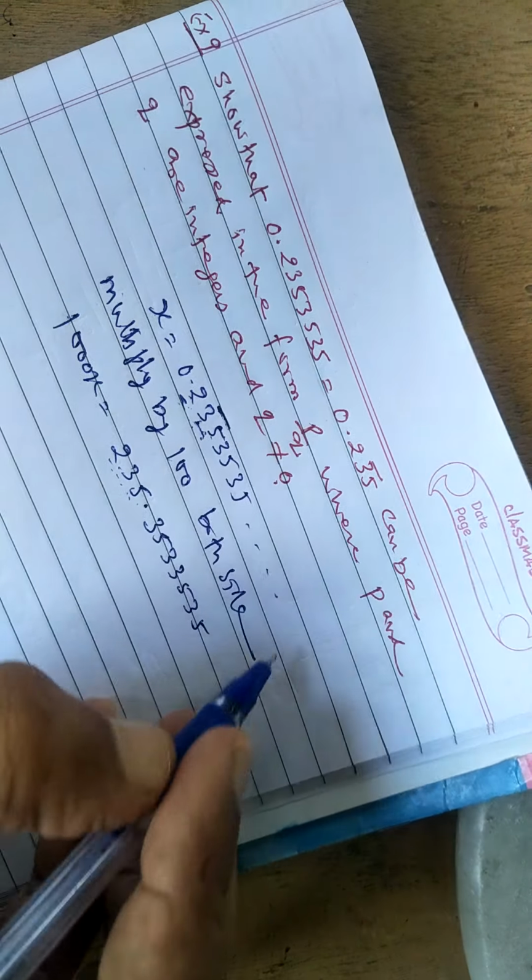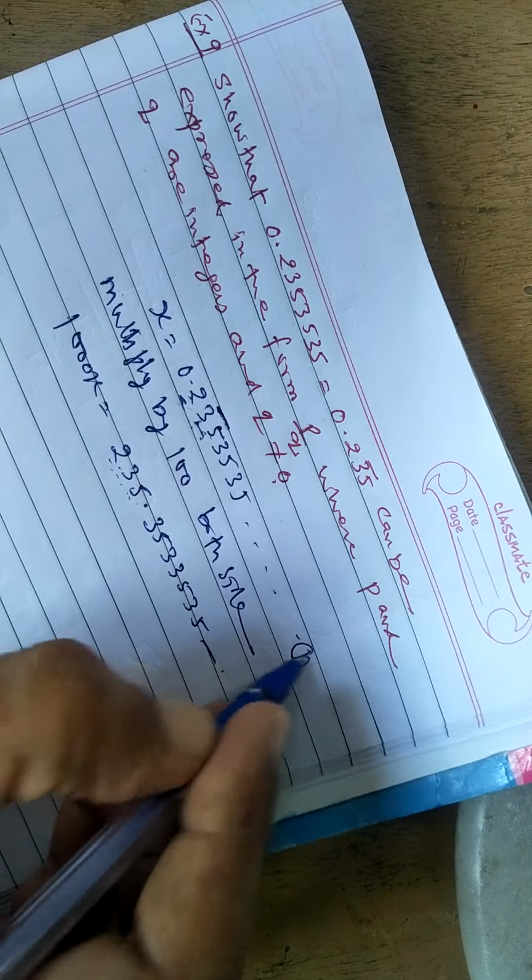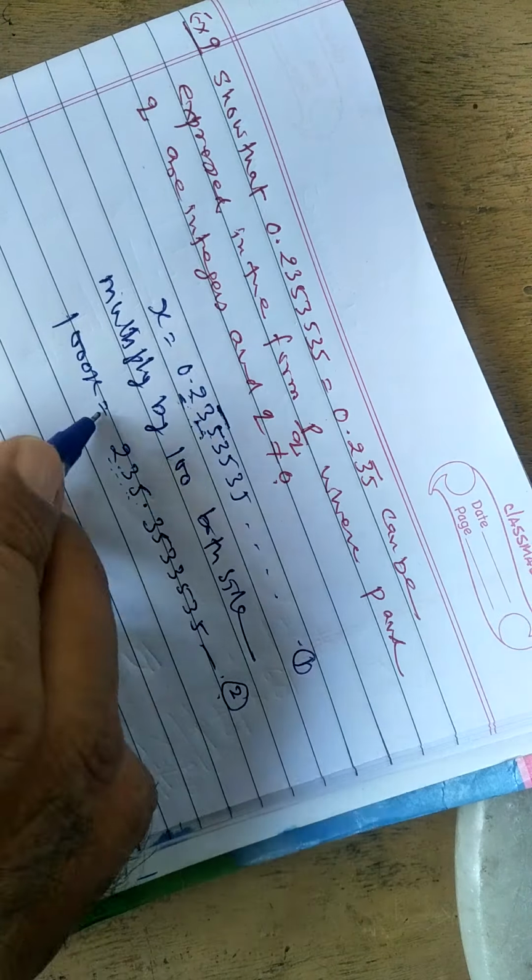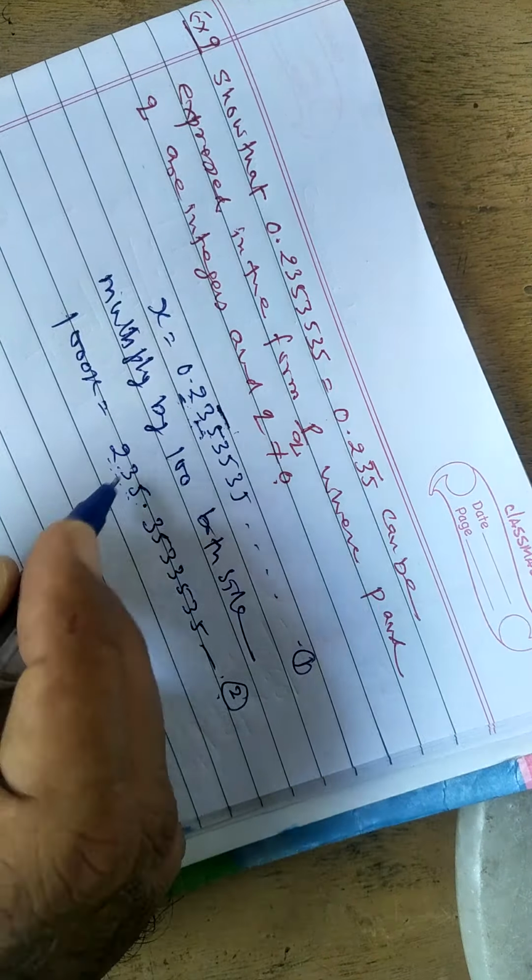This will be equation number 2. So by subtracting these two, we will get 1 2 3 3 5 3 5 1 2 3 3 5. So here also multiply by 10. So today we will discuss the rest in the next video. Okay.